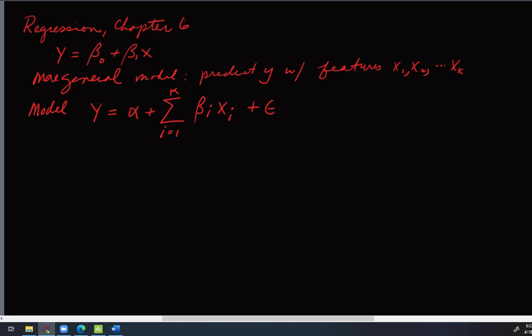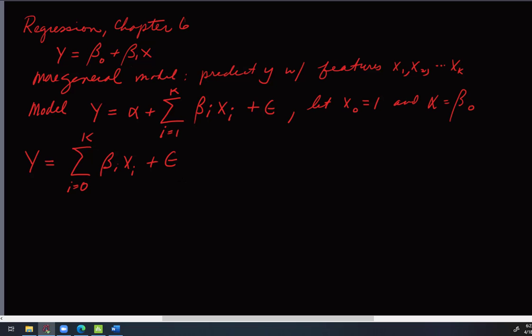Now, a popular notation that you'll see a lot of places and in our text for sure would be if we would let x0 equal 1, and let's call our alpha a beta 0. Not a substantial change, but now we can write our model as y is equal to sigma, i equals 0 to the number of features we're using, beta i xi plus an epsilon.